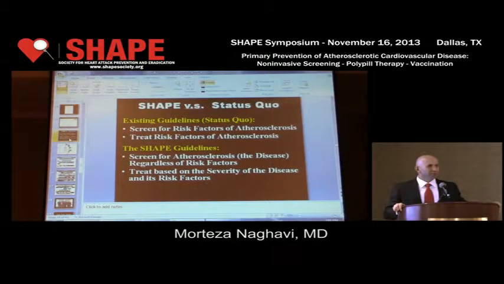That one was focused only on vulnerable plaque, and Dr. Fuster gave an opening talk. Vulnerable plaque was hot and a focus of our attention until our eyes were open to a broader scope of risk by non-invasive imaging.